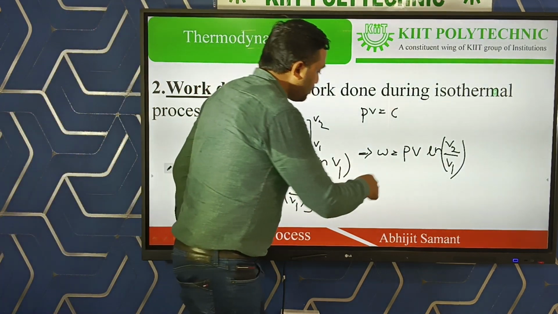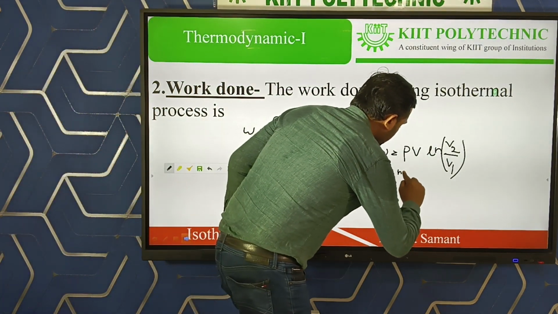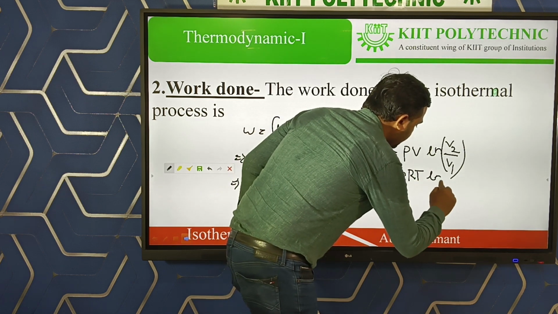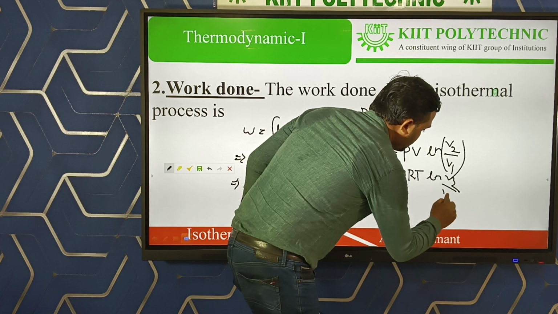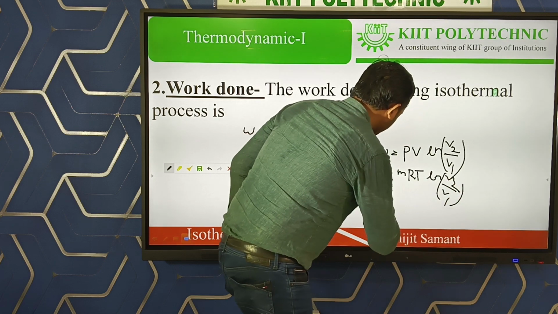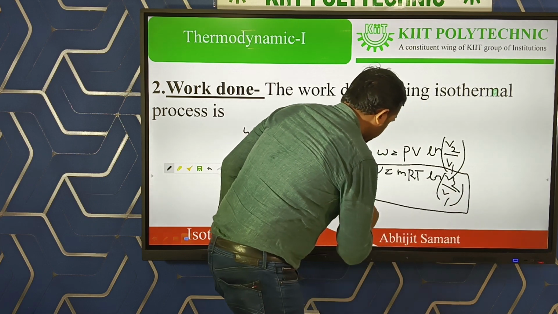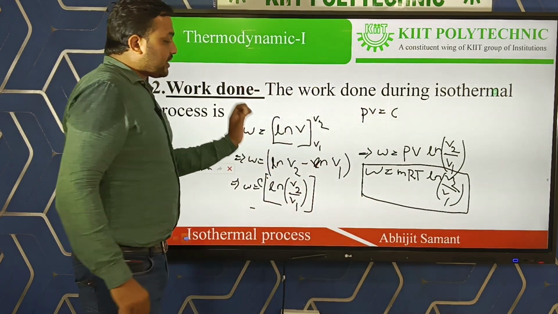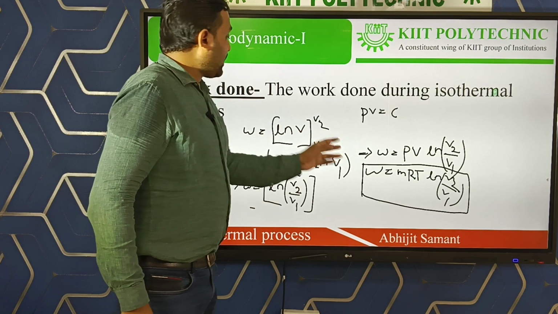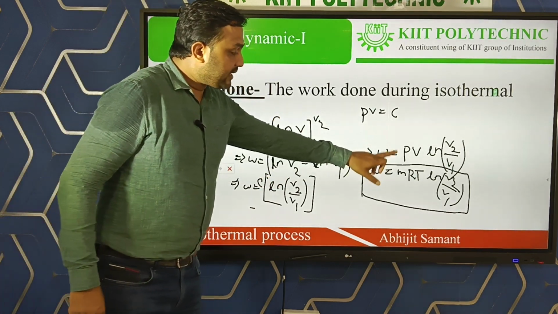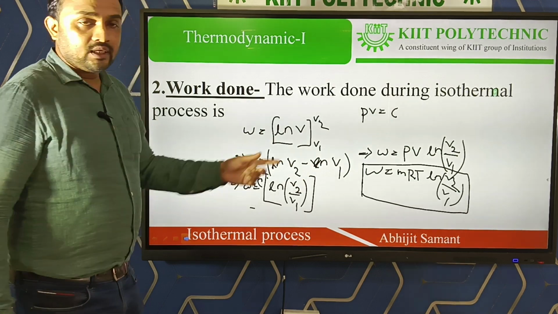PV is also equal to nRT, so the equation becomes W equal to nRT ln V2 divided by V1. This is the formula for work done in an isothermal process.